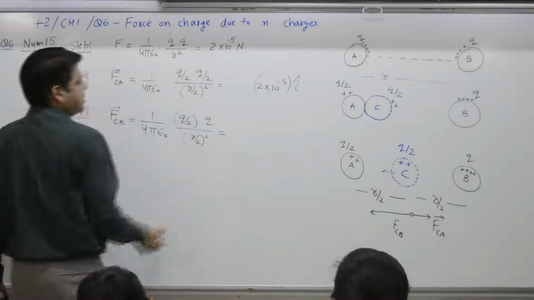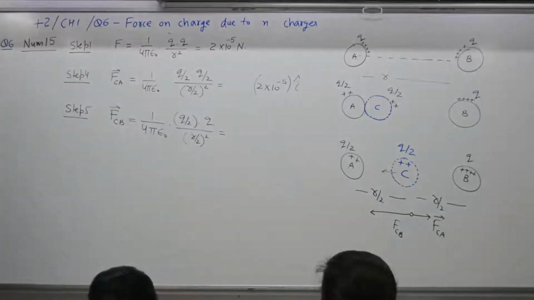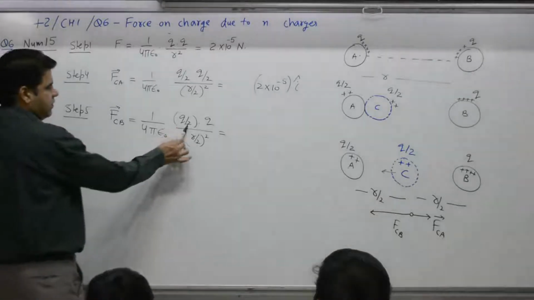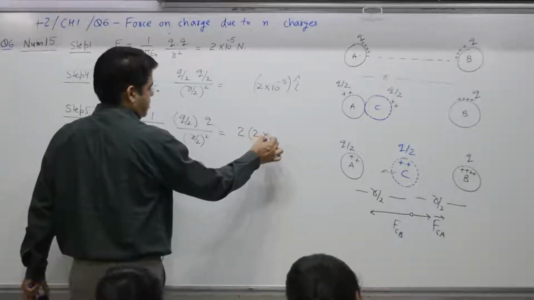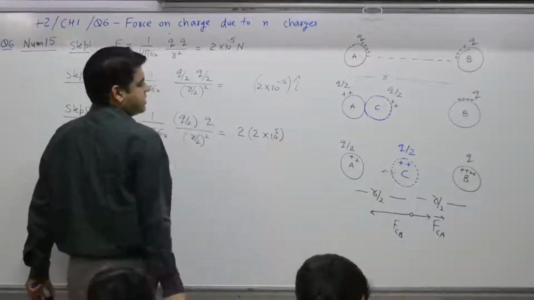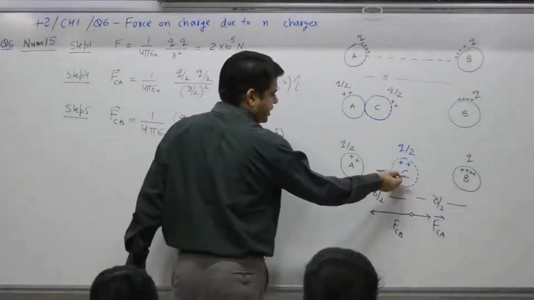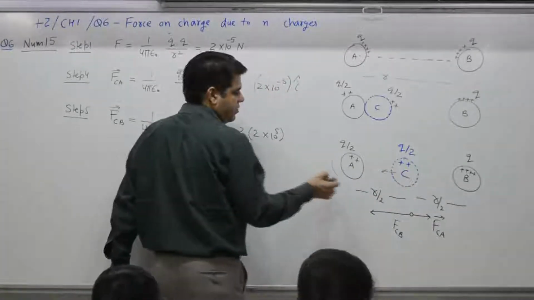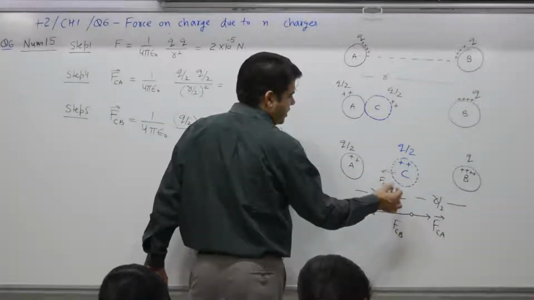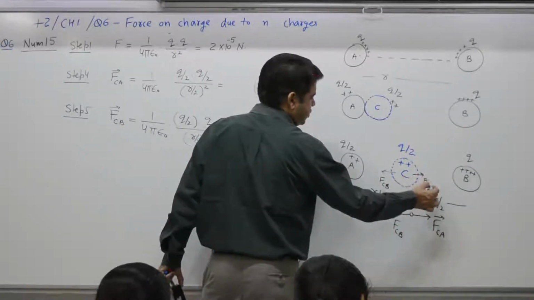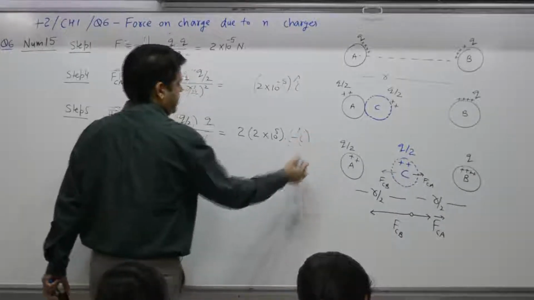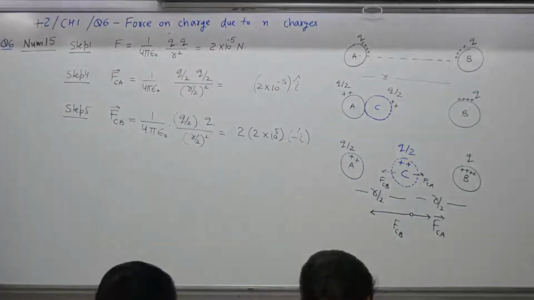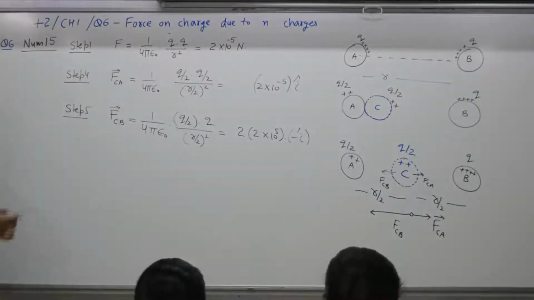It is equal to what? This is 1 by 2, this is 1 by 4. It is 2 times. Direction is, yes, force on C due to B is left. Force on C due to A is right. So this is minus i. One is plus i, the other is minus i.